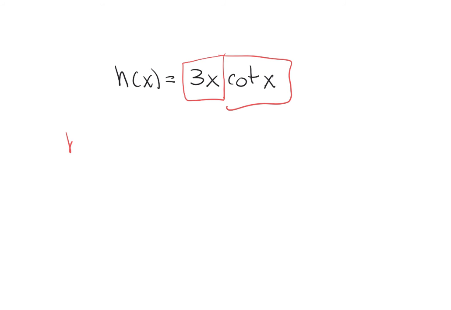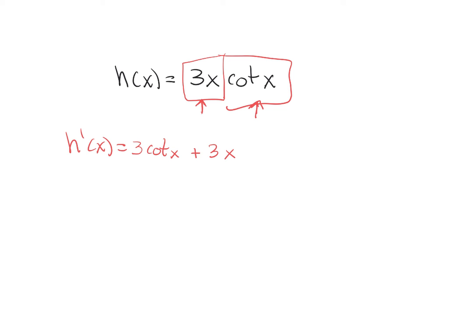Okay, next example. h of x equals 3x cotangent x. You should recognize this as the product rule. So the derivative of h: the derivative of the first is 3 times the second, which is cotangent, plus the first, 3x, times the derivative of the second.